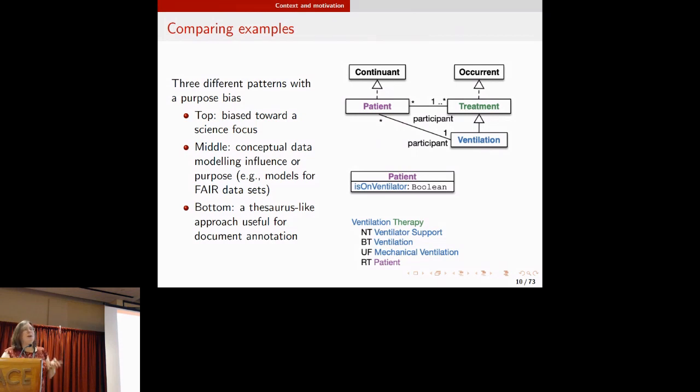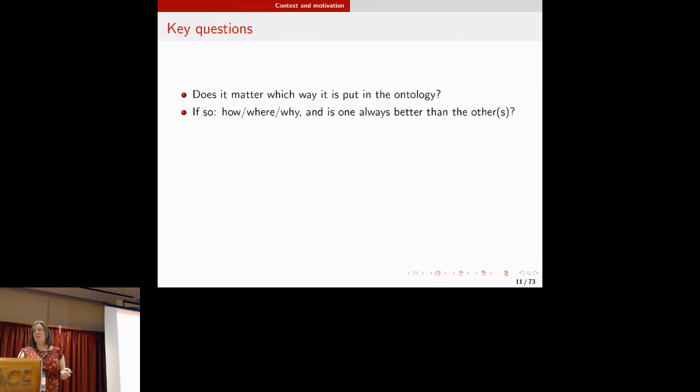It's easier for your data sets if you want to annotate them with a specific ontology. And at the bottom, you see yet another example in the same kind of area, on ventilators. It's not ontologically very precise, but if you don't want to do precise things with it, say for instance document annotation, it might be sufficient. So these are a couple of intuitive examples of what we're looking at when we consider different ways of representing something in our ontology.